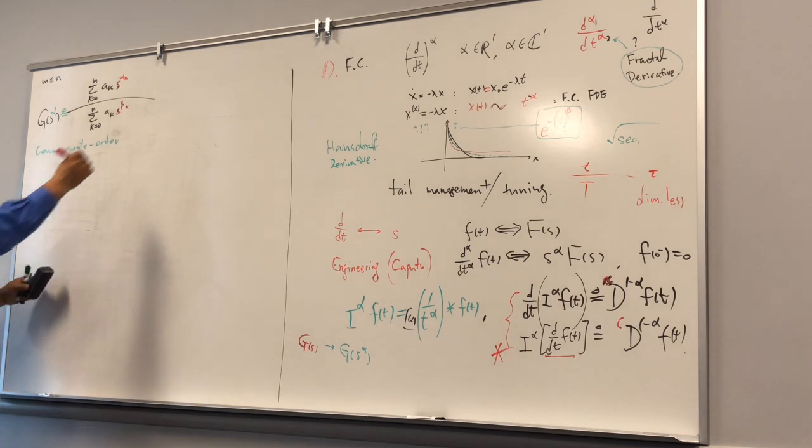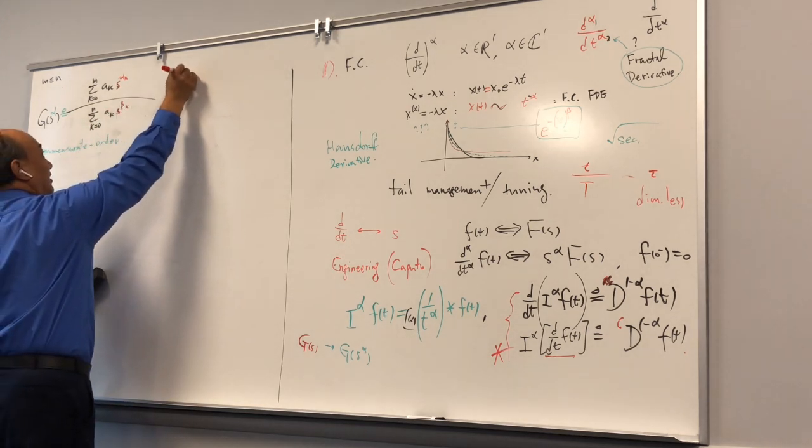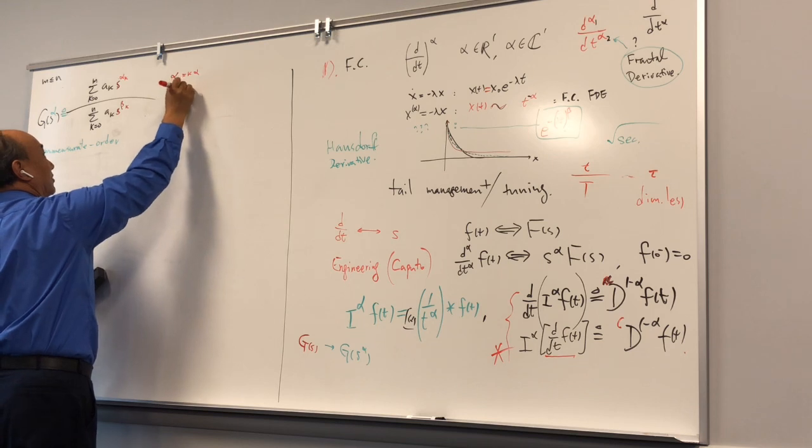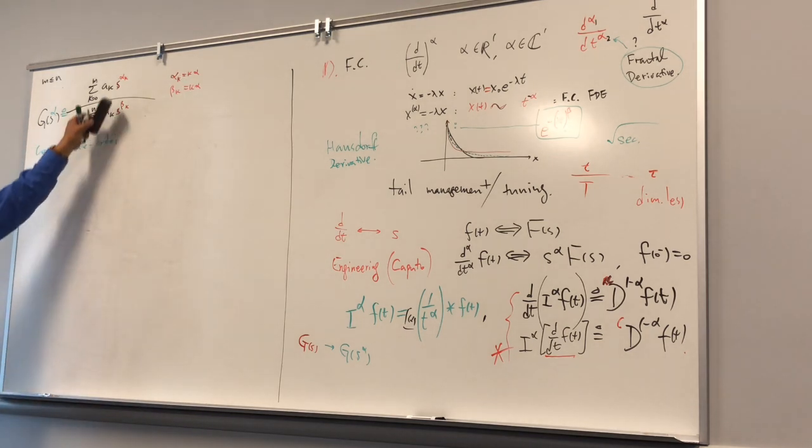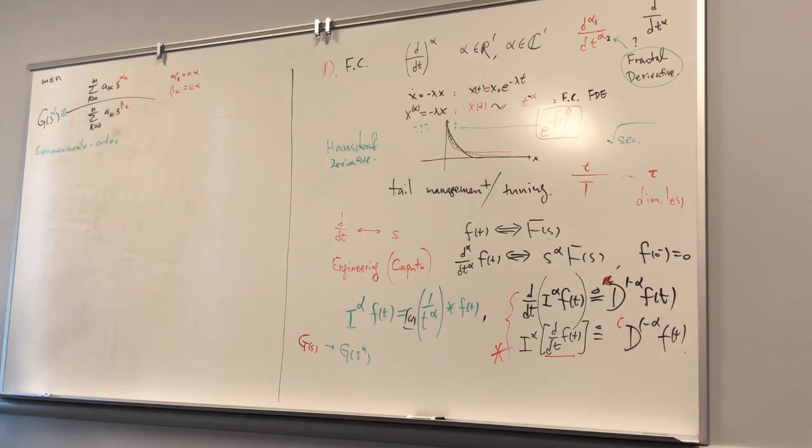Previously, alpha k is k times alpha, and beta k is also k times alpha, right? So that's called commensurate order. But if I write it in general like that, it is not commensurate anymore.